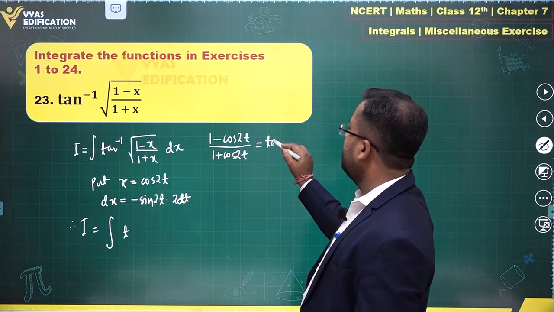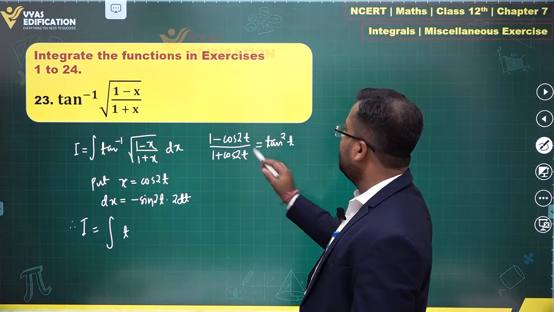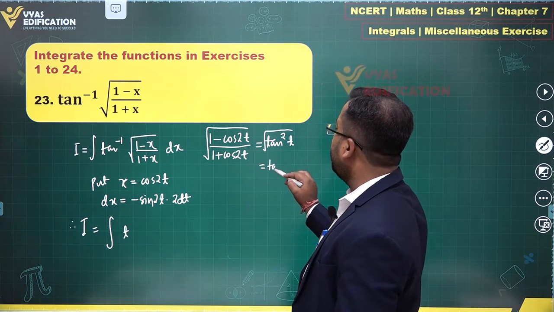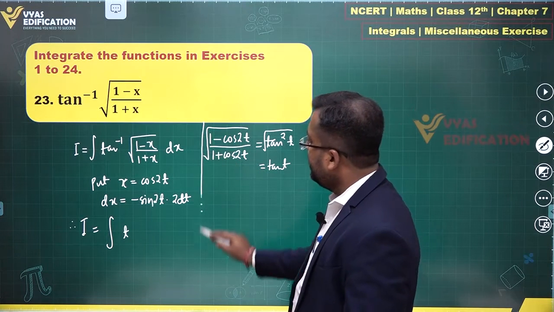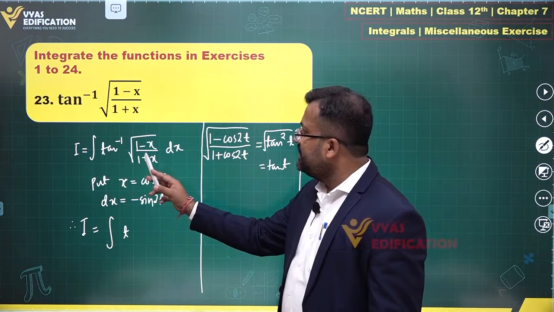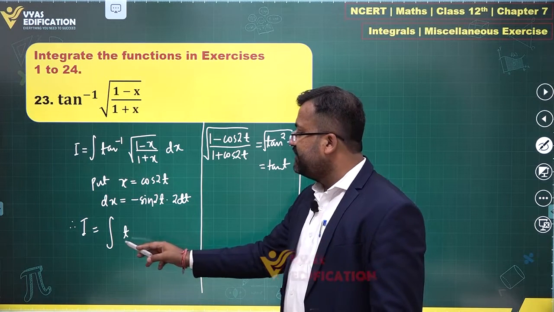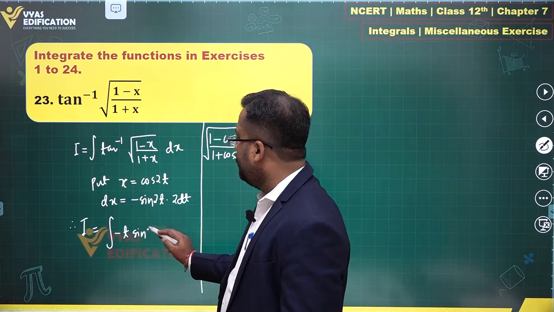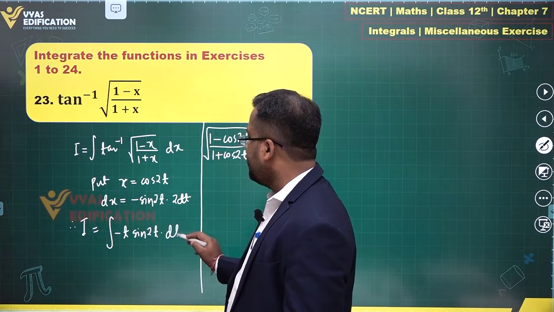This is tan square t. Under root of this will be tan t. And using this, I've written tan inverse. This is tan inverse tan t, which is t. Dx is minus sine 2t dt.